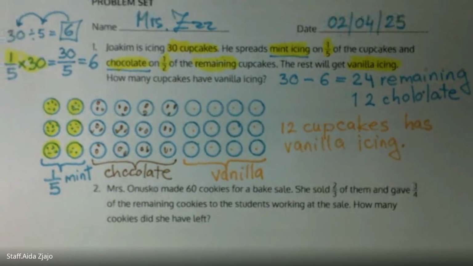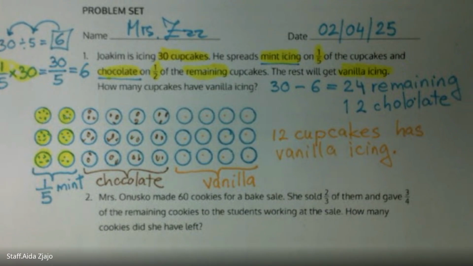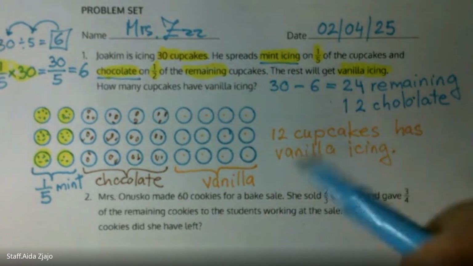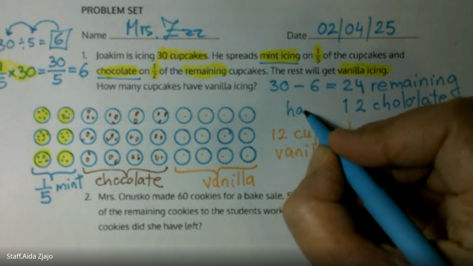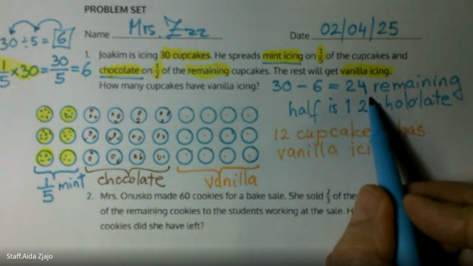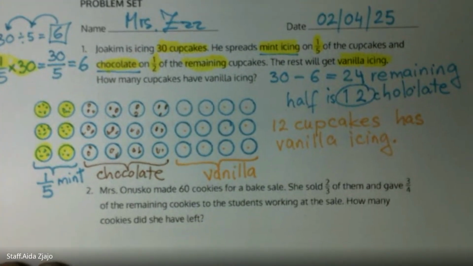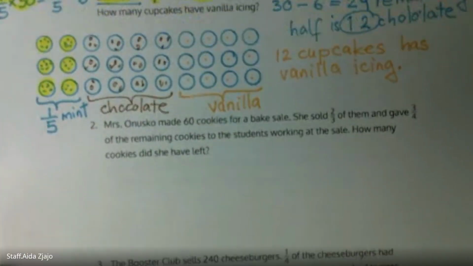It's done. Okay, that's number 1. So I hope you understand that. So could you also say half is 12? So that's chocolate. Half of 24 is 12. Let's move to the next one.